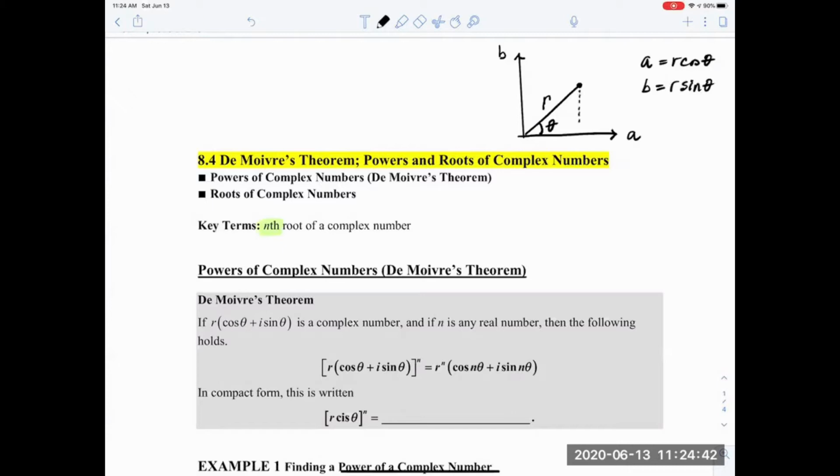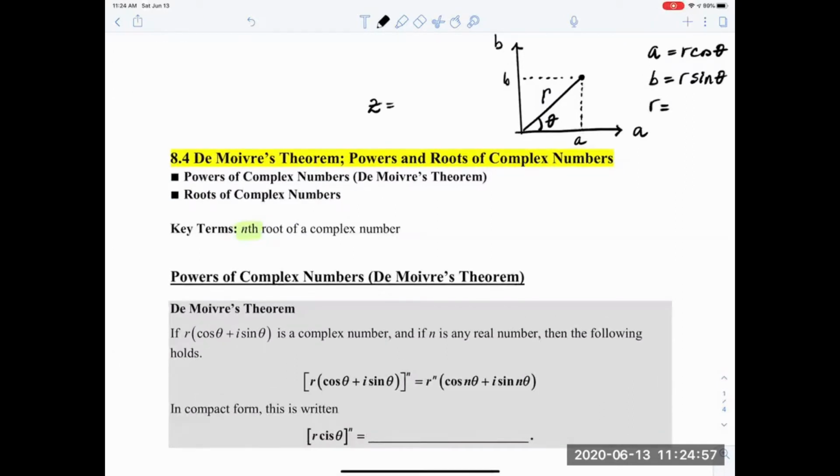And if you drop this down, you can see here's your A, here's your B, and that's how you look in a triangle. And R is nothing else but the magnitude of the complex number. So let's say our complex number Z is written as R parentheses cosine of theta plus I sine of theta.